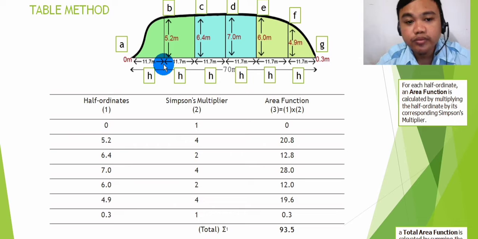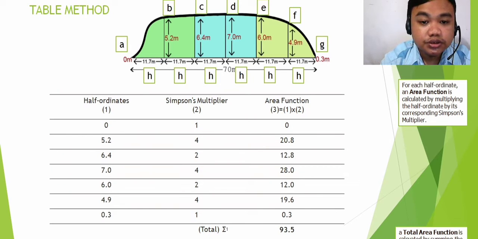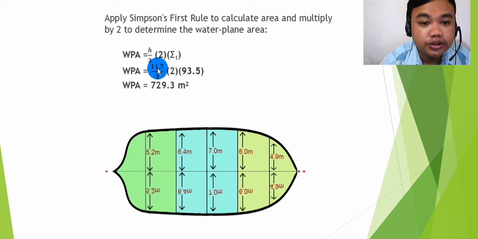Since we have 7 half ordinates, we get 11.7 by dividing 70 by 7. So we divide 70 by the given 7 ordinates, and that is equivalent to 11.7.